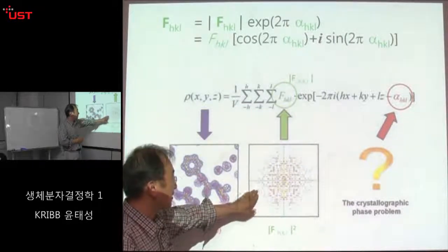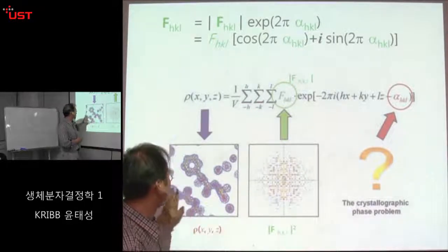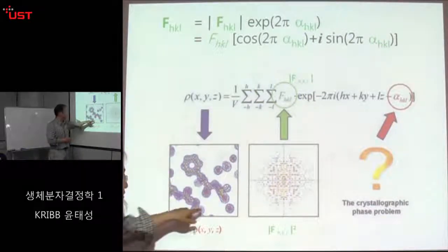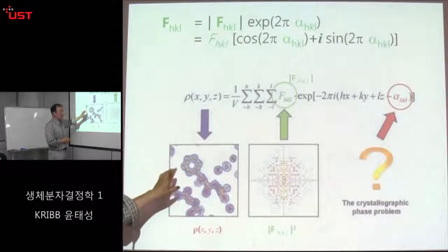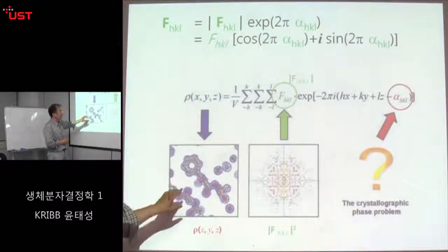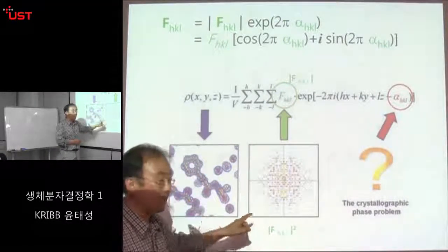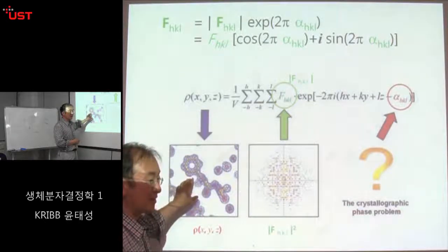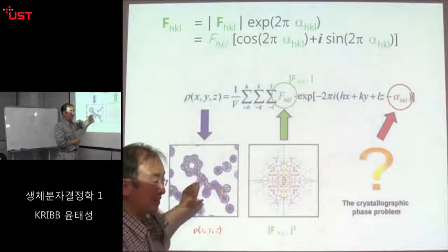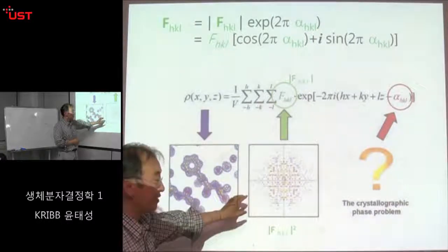Particularly, this has more symmetry because we are looking at some part of protein structure, and the full unit cell may have higher symmetry, but here always we have inversion, although it doesn't have any symmetry higher than 1. Okay, that part I will talk about.